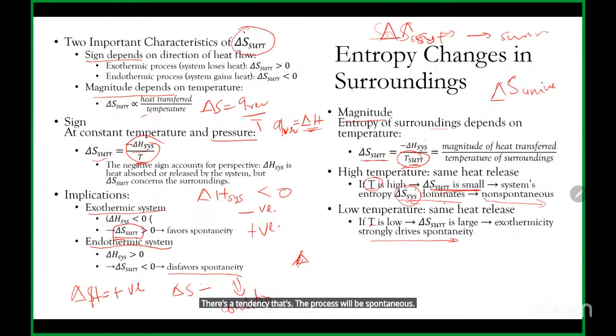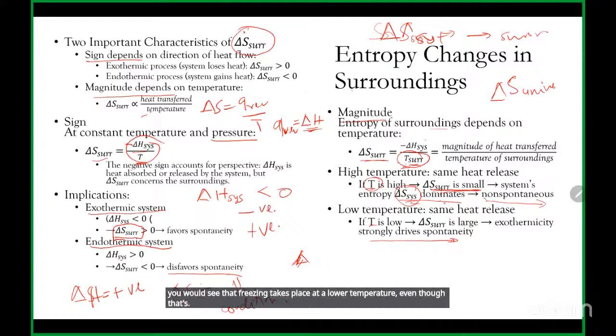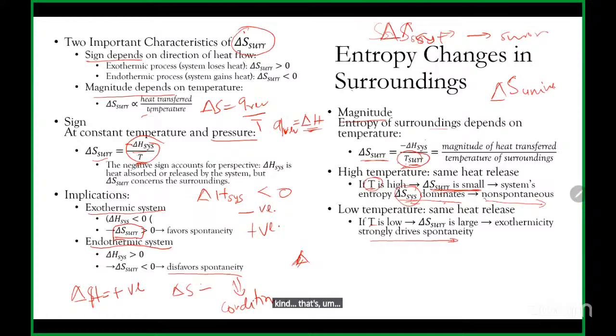If you look at what we're talking about now, you would see that freezing takes place at a lower temperature, even though that looks like it's not a spontaneous reaction from the point of view of temperature.